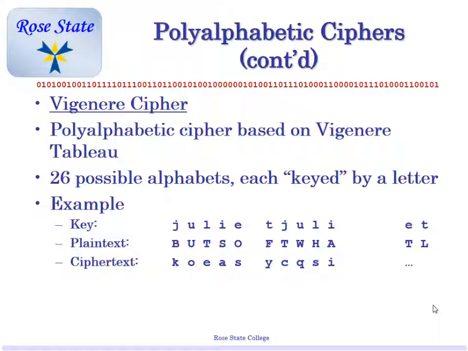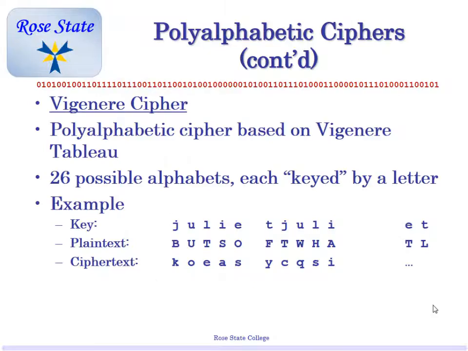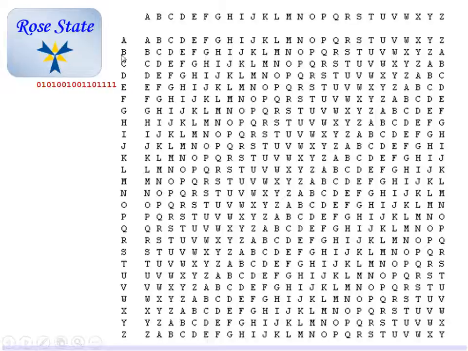Okay. Now, here's what the Vigenere cipher looks like. So you see there's different alphabets. So if we took the B as the plain text, and the J, we end up with the K. You see that?